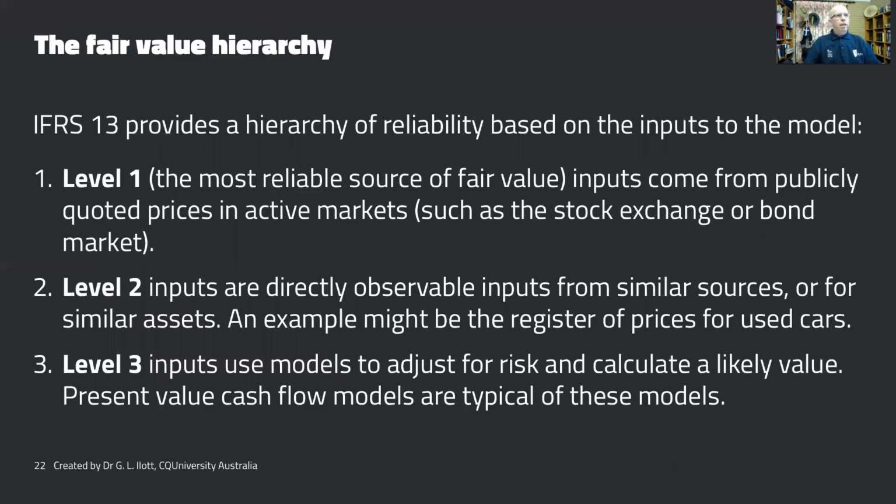So fair value accounting allows three levels, and this is in order from number one being the preferred one, and number three being the least preferred. And the preference comes from objectivity. So level one, being the most reliable source of fair value, the inputs into your measurement model come directly from publicly quoted prices, such as in the share market, for example.